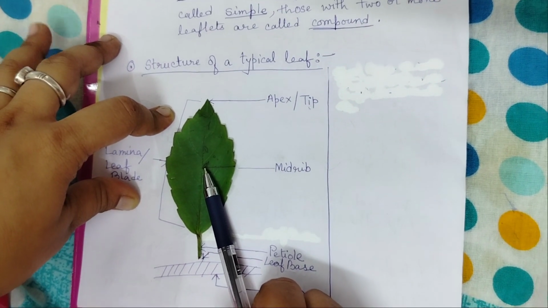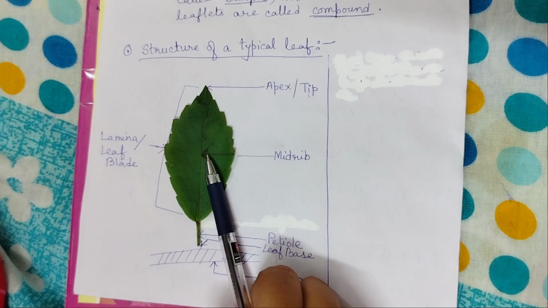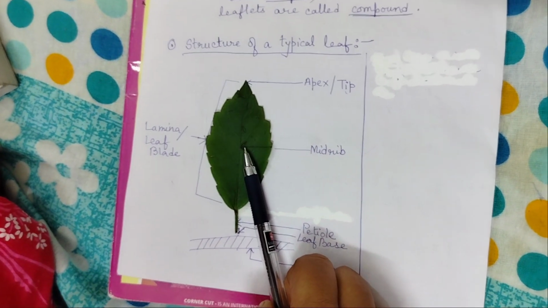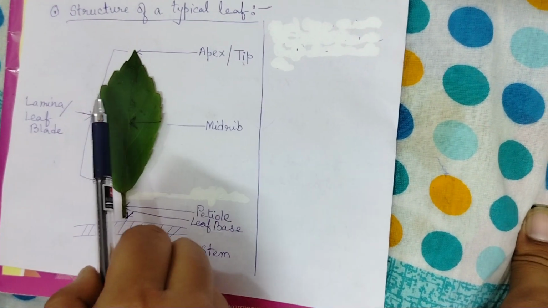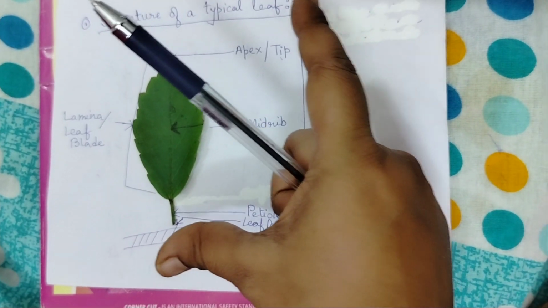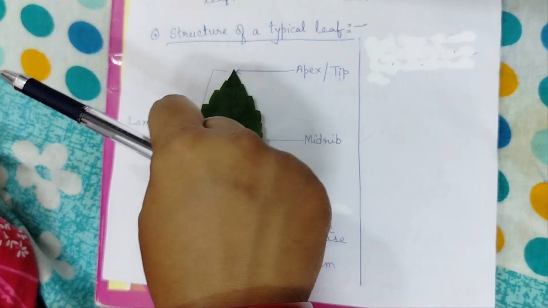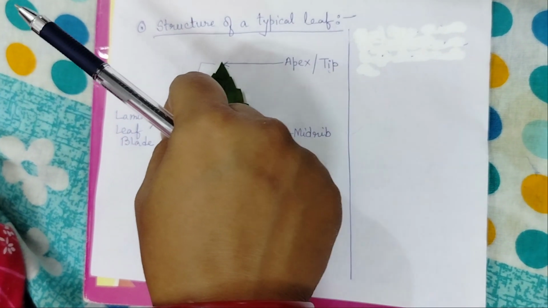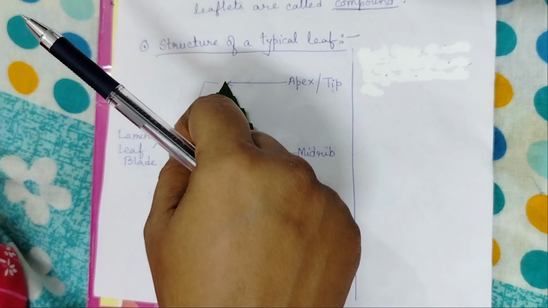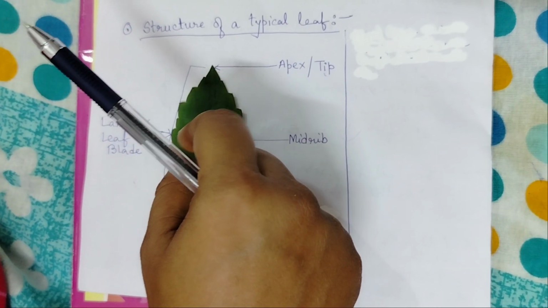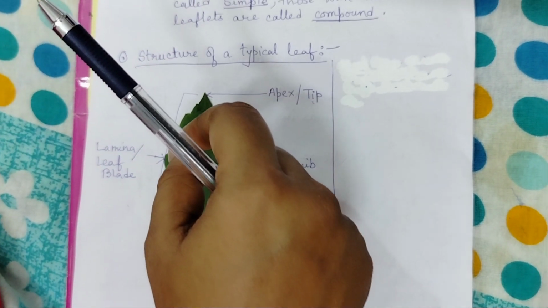During photosynthesis and transpiration, respiration occurs through the stomata which are all present in this lamina. So lamina is the main organ of the leaf. All main parts of the leaf consist in this lamina. Lamina also takes part in excretion by storage of metabolic waste and its abscission.